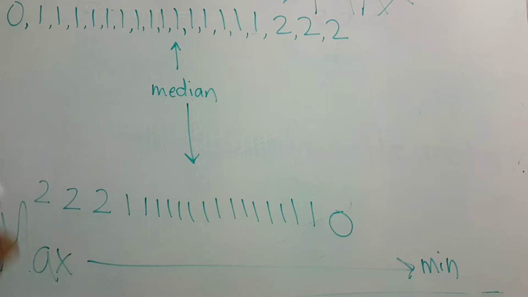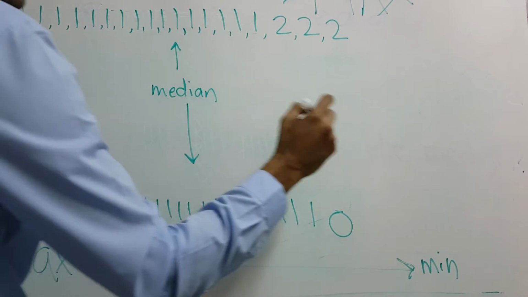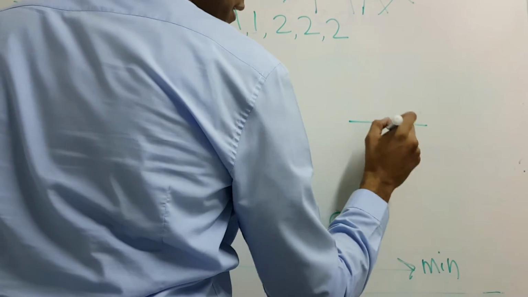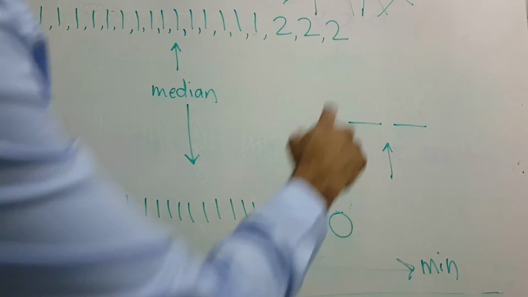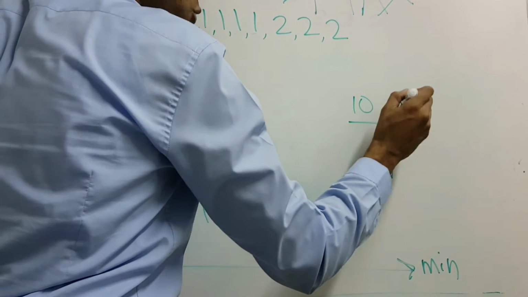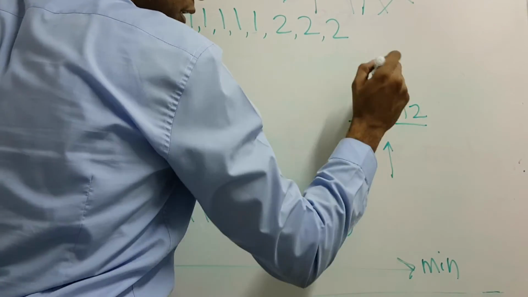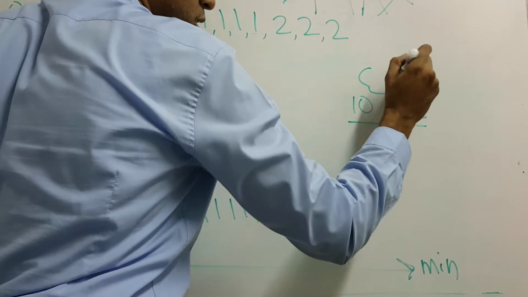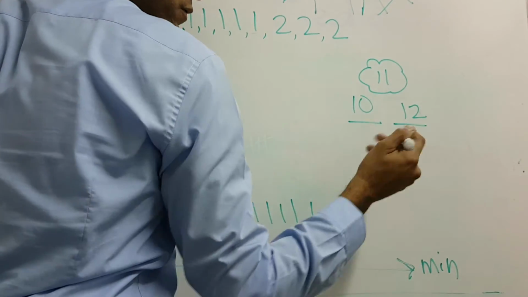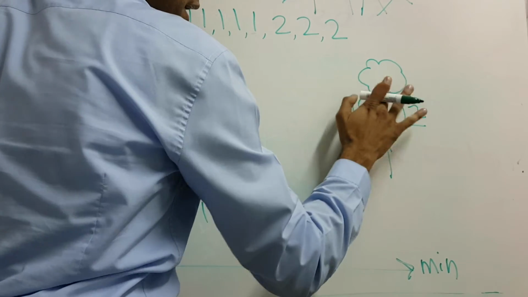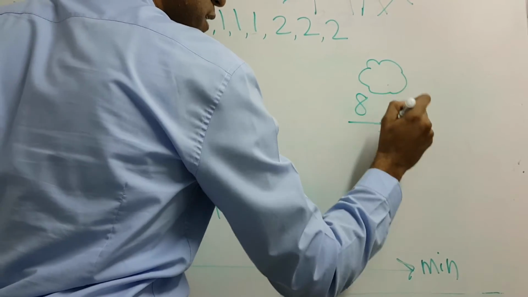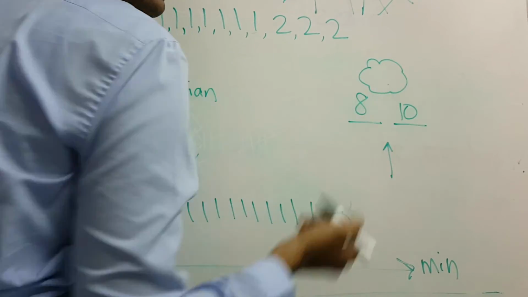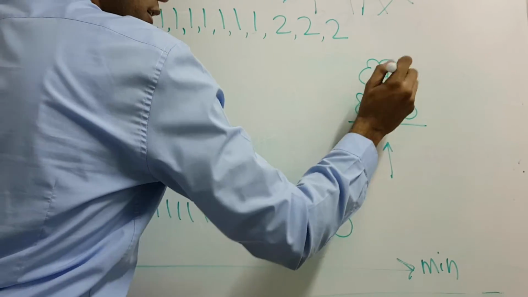But sometimes, you're wondering, what if you had 2 values in the middle? If you had 2 values in the middle, you'd find out what's the middle of those 2 values. So if I have a 10 and a 12, the median would be 11. If I had an 8 and a 10, what would the median be? It would be 9.